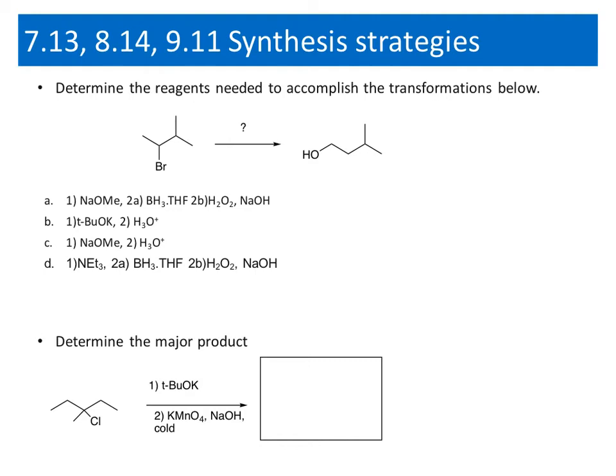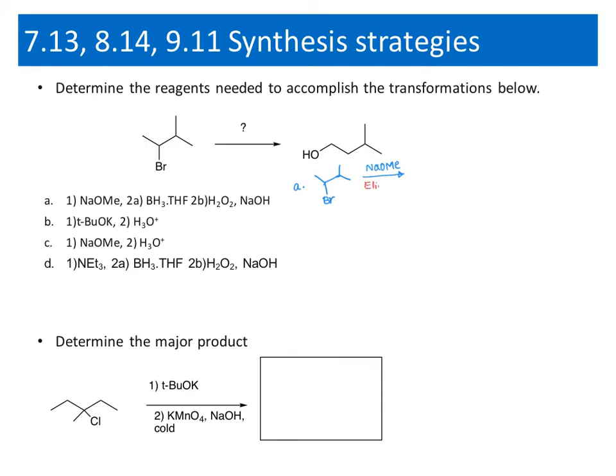So in the first option, the first reagent that was used was sodium methoxide. So sodium methoxide can react with this substrate. Since it is secondary, elimination with sodium methoxide can give us the major product.